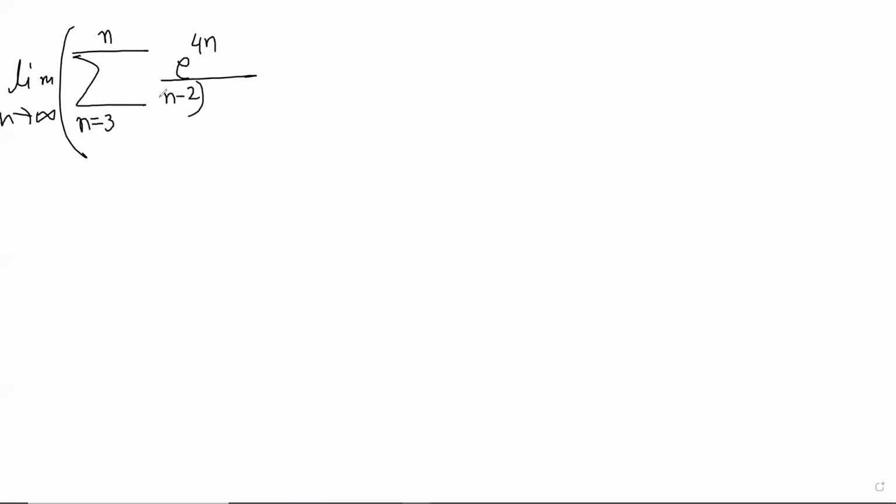Let's see what the other question is. Let's do this one, which is slightly more interesting. We have the summation from n equals 3 to infinity, or if you just write n and write limit n goes to infinity, that's the definition, of e to the power 4n by n minus 2 factorial.